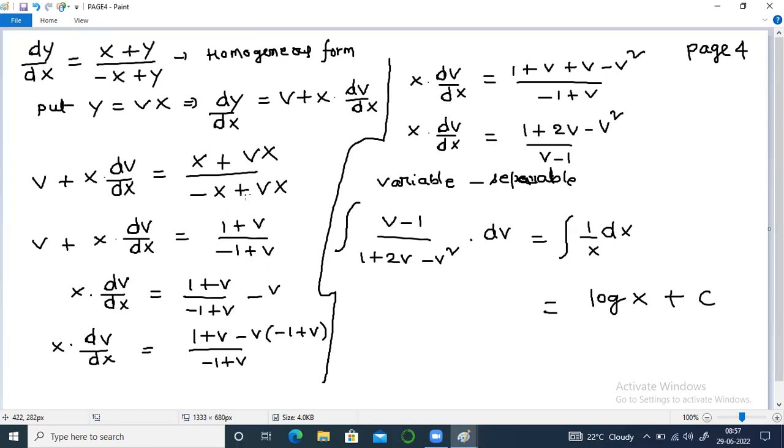But it is looking like, whatever is there in the denominator, its differentiation is there in the numerator. If you differentiate the term 1 plus 2v minus v square in the denominator, I feel a differentiation term is there. So let us check, in the rough.